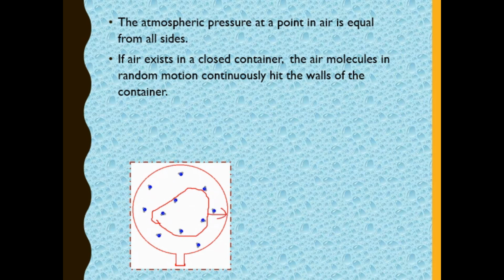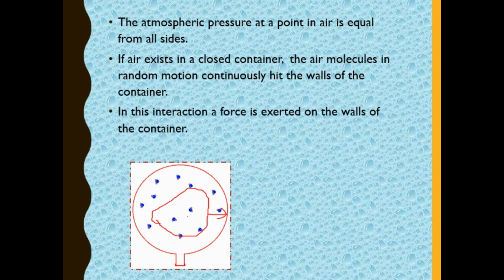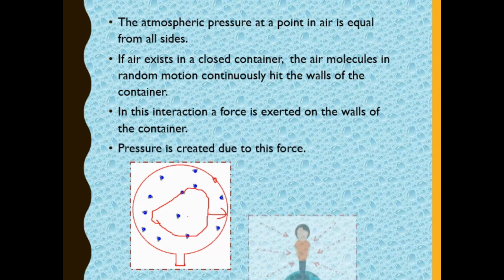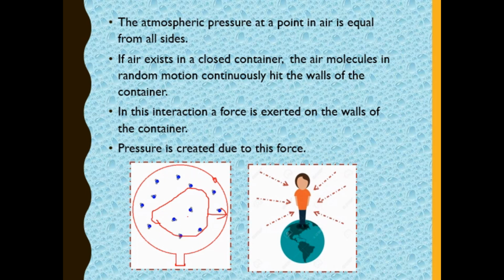This is how they exert pressure. In this interaction, a force is created on the walls of the container, and the pressure is created due to this force. So we experience force from all directions. Atmospheric force acts on us from all directions.